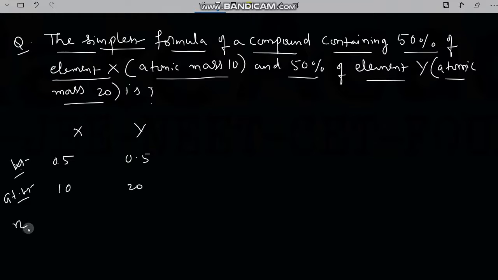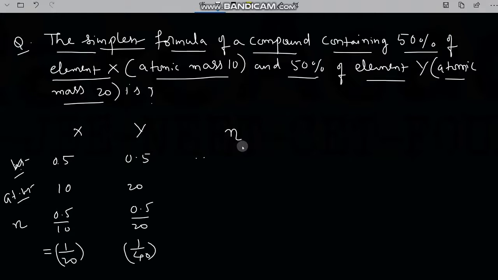That means what is the number of moles of X? Number of moles of X is nothing but 0.5 by 10. Number of moles of Y is 0.5 by 20. 0.5 by 10 is nothing but 5 by 100, which means 1 by 20. And 0.5 by 20 is 5 by 200, that is 1 by 40.